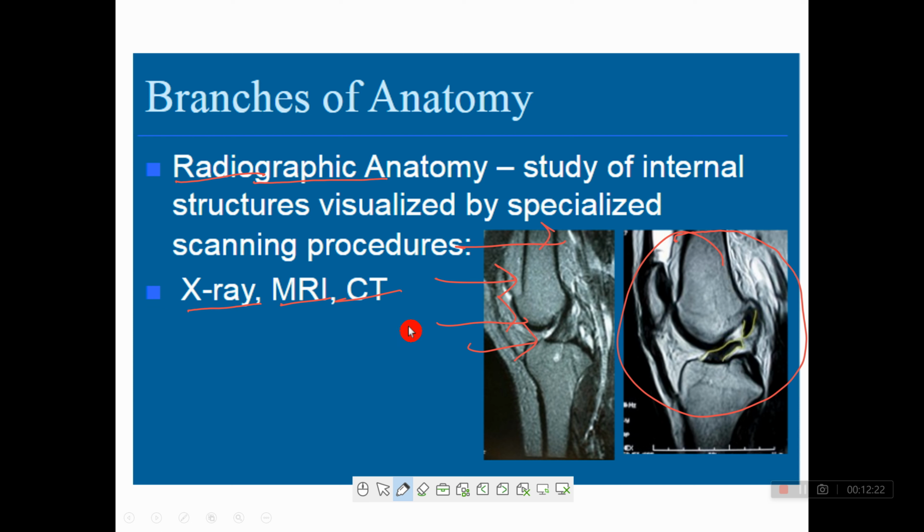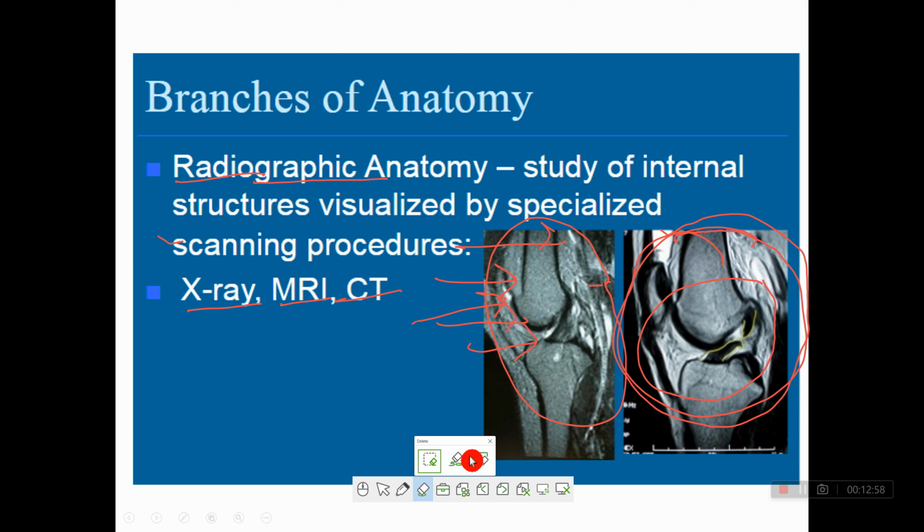The different waves are sent on the part we have to focus on and observe, and the image is observed on films, indicating which changes a joint or any part of the body is going through. So the study of internal structures visualized by special scanning procedures is known as radiographic anatomy.